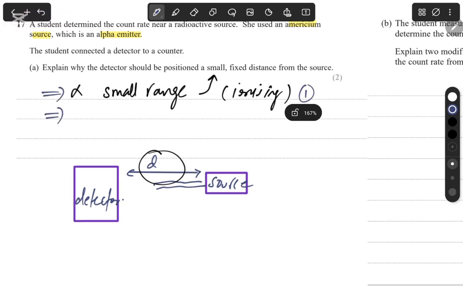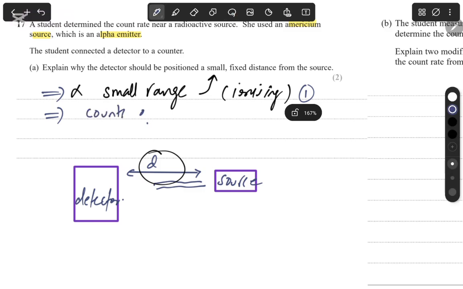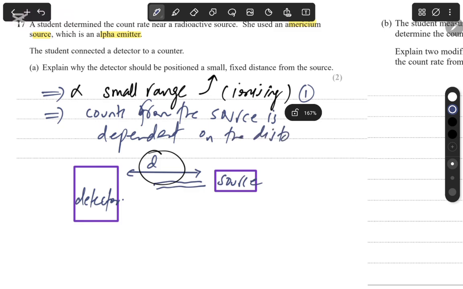The second thing important you have to understand is that if I change this distance, then my count rate will change. So the counts of alpha particles from the source are dependent on the distance.